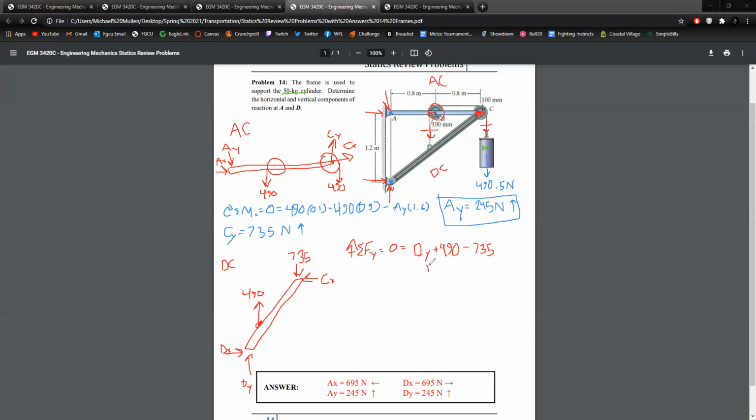And that's it. We just say that dy, solving this, we say that dy is equal to 245 newtons going up. Second point that we're looking for.